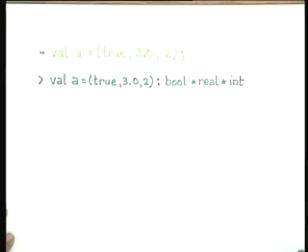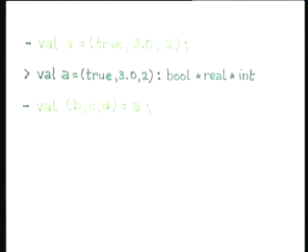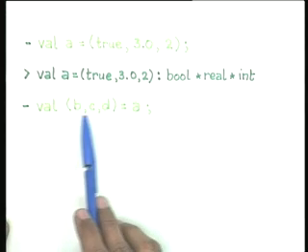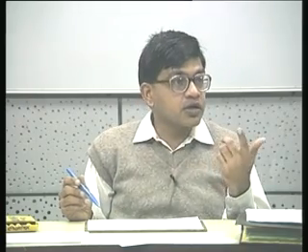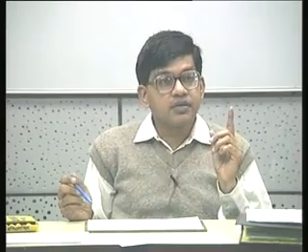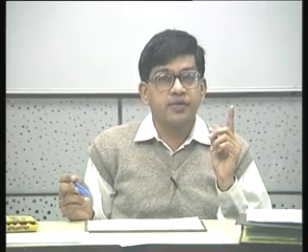And the most common way of deconstructing is to give a declaration like this, and note that B, C and D are names which are not pre-declared. It is not that while constructing this tuple you gave these field names.